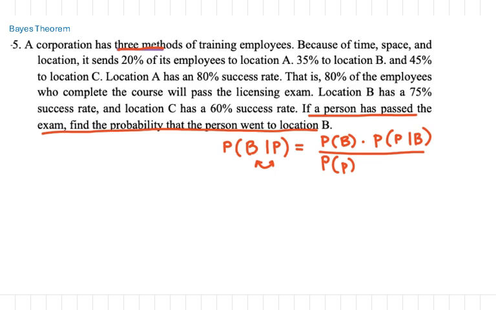So now we can start reading at the top to see all the information we need. It says 20% of employees go to location A. So the probability that the employee went to location A is 0.20. 35% to location B. So the probability of going to location B, 0.35. And the probability of location C is 45%.